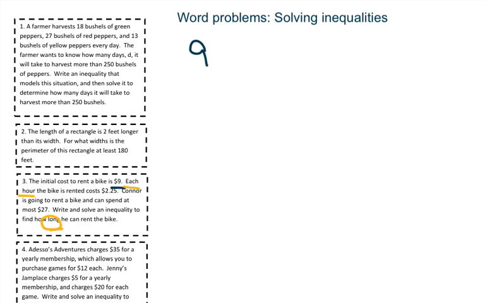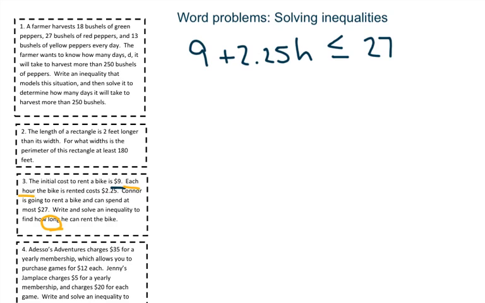So $2.25 is added to the $9, but it's $2.25 for each hour, so I multiply that by h. And he can spend at most $27, so it has to be less than or equal to 27. He has to spend less than or equal to $27.